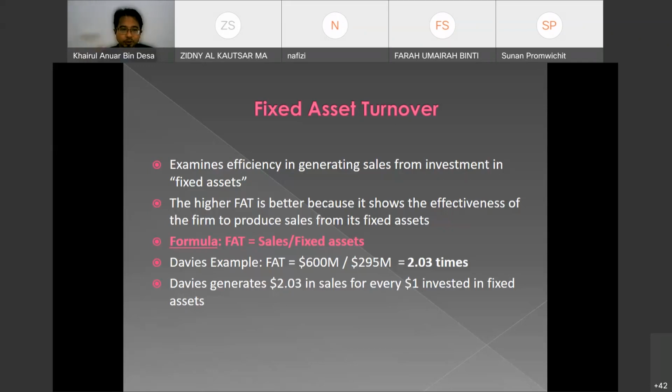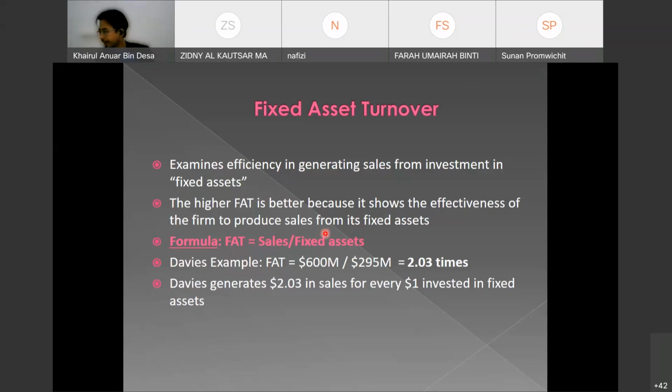How are we going to use fixed asset to generate profits? Okay, how do we use fixed asset to generate sales? Sales means profits. If higher, fixed asset turnover is better because it shows the effectiveness of the firm to produce sales from its fixed asset. What is the example of fixed asset?